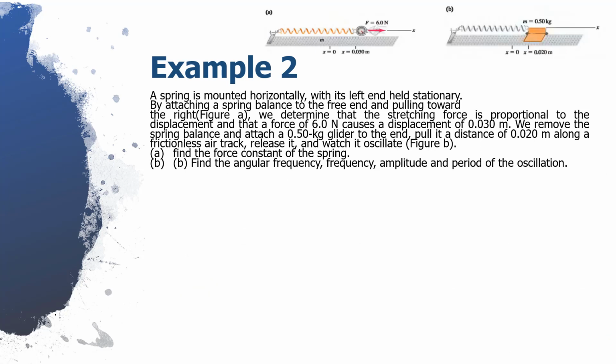Okay, first we need to find the force constant of the spring. Force constant is denoted by k. So, solution: we need to solve for k, and from Hooke's law, F is equal to kx. The negative sign is the direction of the force. So basically k is just the ratio of the force and the displacement x.